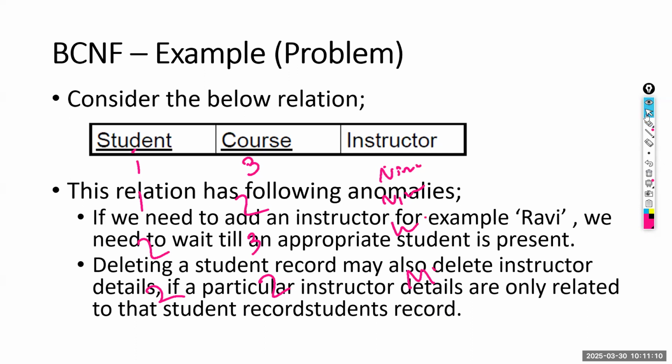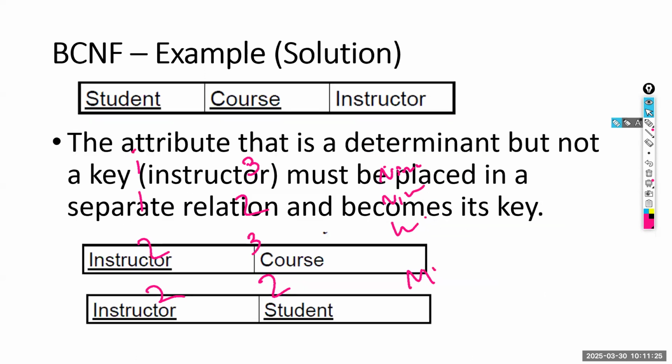Therefore, this is not a good thing to do. Keep instructor details in the instructor table and use the foreign key, instructor ID, here. Then it does not violate BCNF.